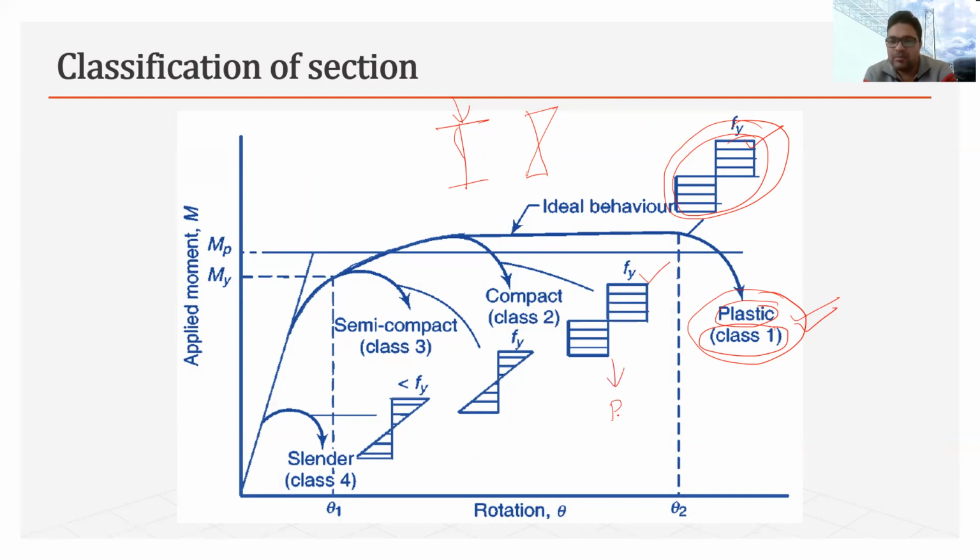In this case, a plastic hinge is not forming. Before forming a plastic hinge, it is failing or buckling. I will say here, plastic hinge is not forming, while in this case, a plastic hinge is forming.